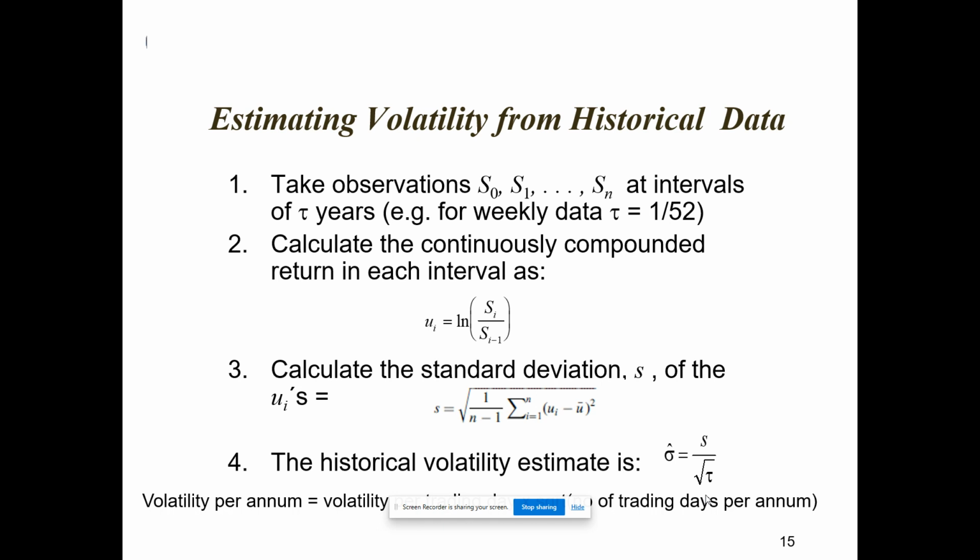So u bar is the mean and ui is the observation for which you're calculating the deviation. So historical volatility estimate is given by sigma hat, which you calculate as standard deviation divided by square root of tau. So volatility per annum is volatility times number of trading days per annum.